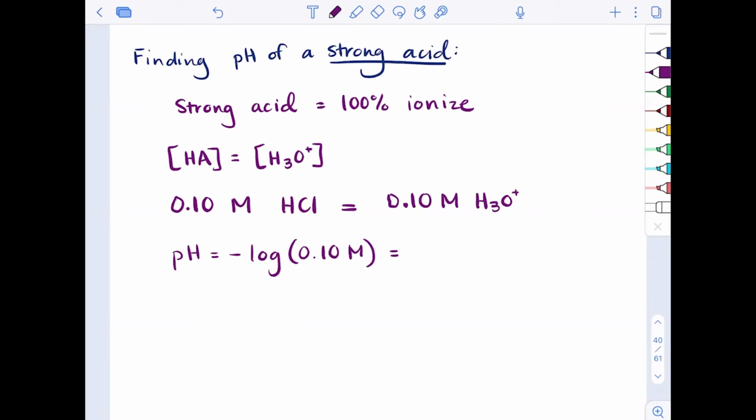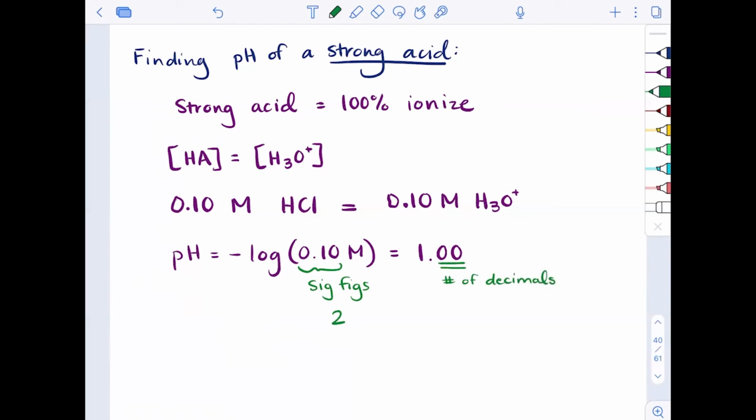Now, when we're doing this, what's really important for us, and we're going to reintroduce sig figs. How do we take sig figs for the pH? And I think this is really important, especially for lab. The number of sig figs in the concentration, which is 2 for this example, becomes the number of decimal places in the pH value.